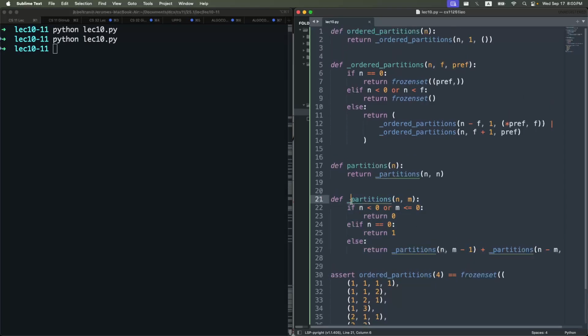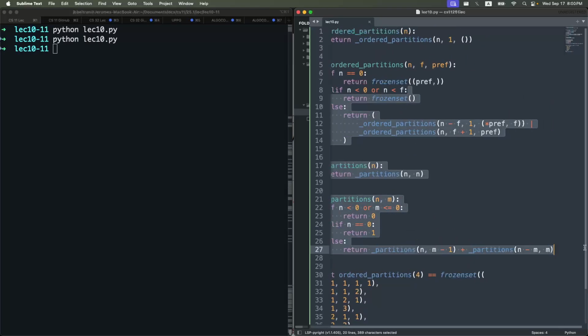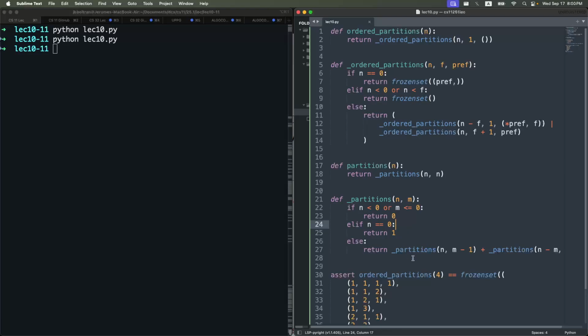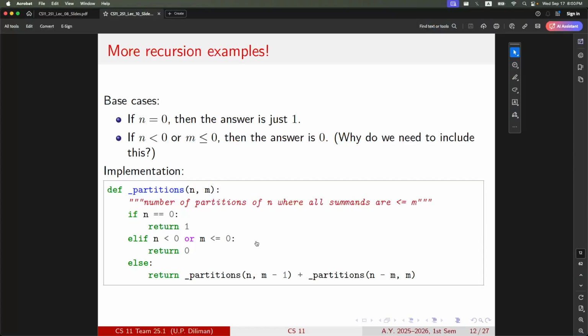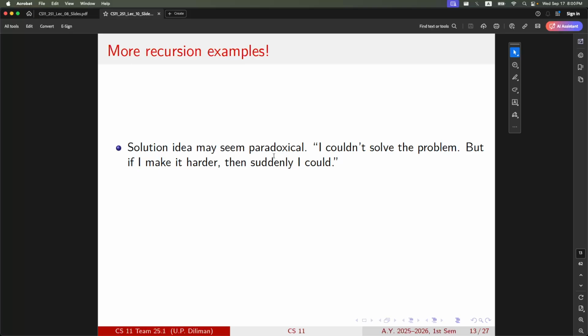The visual thinking for these problems can be tricky. The lesson for the partitions problem would be sometimes you need to solve a general problem to solve your specific problem, which is weird. We solve a more difficult problem to solve our simpler problem. Why did that work? Seems paradoxical.